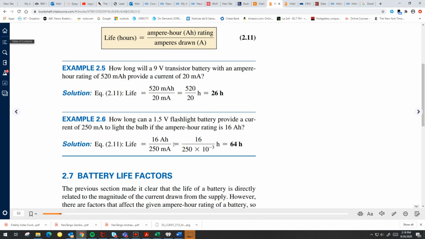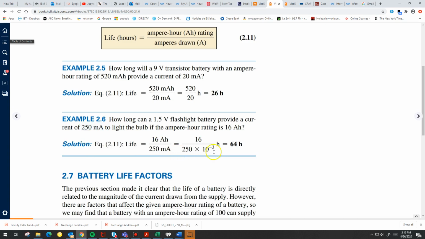So if this is given as 250 milliamps, then we have to put this in terms of amps. So we have 250 times 10 to the minus 3 amps, and dividing 16 by that number will give us the total number of hours that this battery can provide you with 250 milliamps.